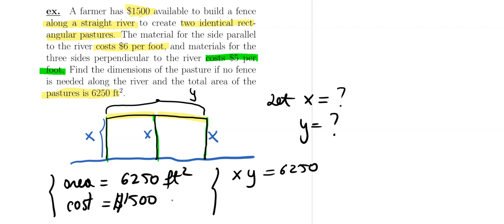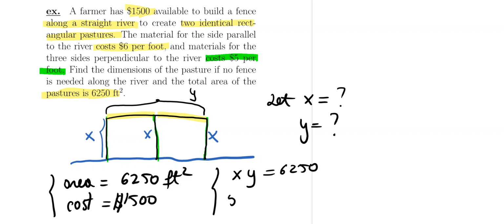And then the cost. Well, he needs x feet here, and how much does it cost for these sides? It costs $5. So if this is 2 feet, it's going to cost him 5 times 2, and another 5 times 2, and another 5 times 2, but I don't know that this is 2 feet. I know that it's x, so it's going to cost him 5x for this, 5x for this, 5x for that.